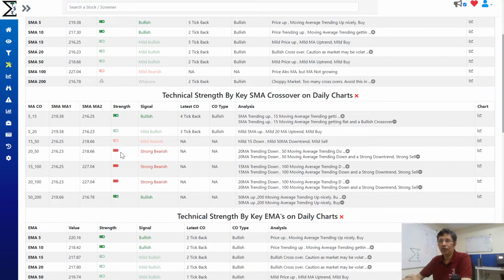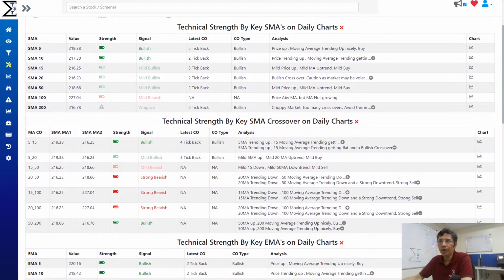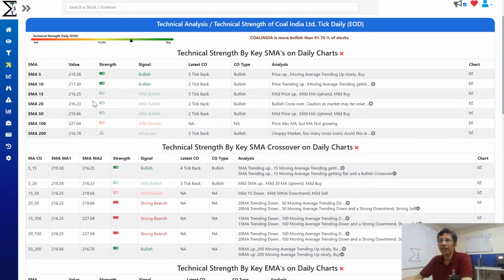So for each moving average, if you're just going to a stock and doing a little more analysis, plotting all those moving averages is relatively painful. What you can do is look here at which moving average is important from your perspective, and where it is vis-a-vis the basic stock.